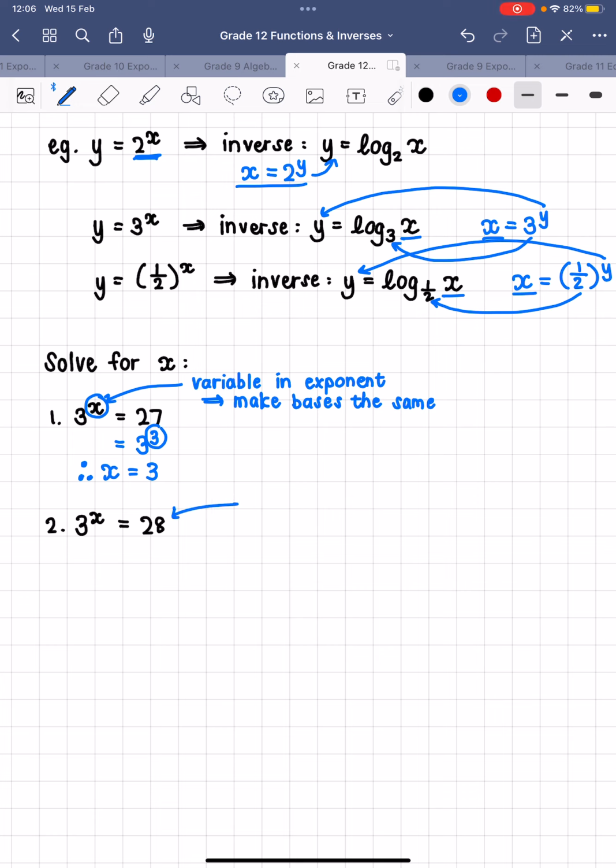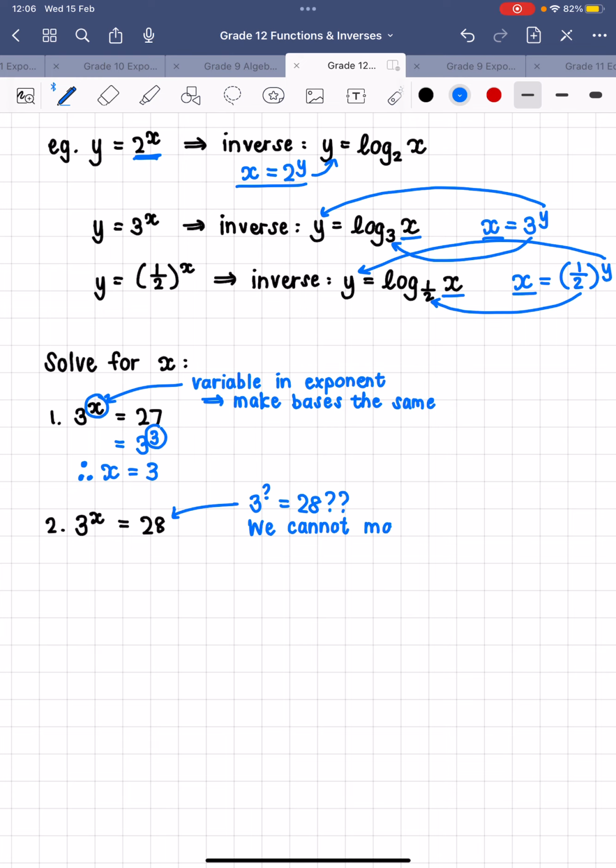And who's going to test to see which exact decimal number is going to give you 28? We're not going to test decimals. In grade 10, you actually did do questions like this using a method called trial and error, which was a very, very long method. All right, so in this case, guys, we cannot make the bases the same.